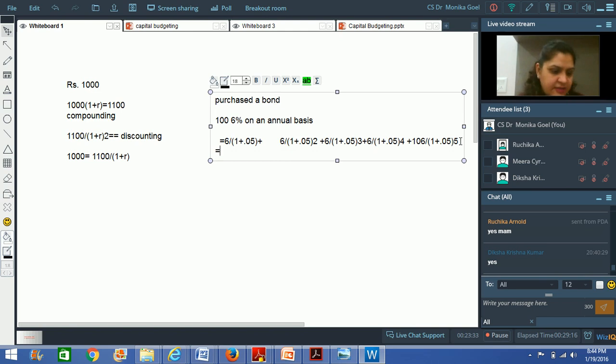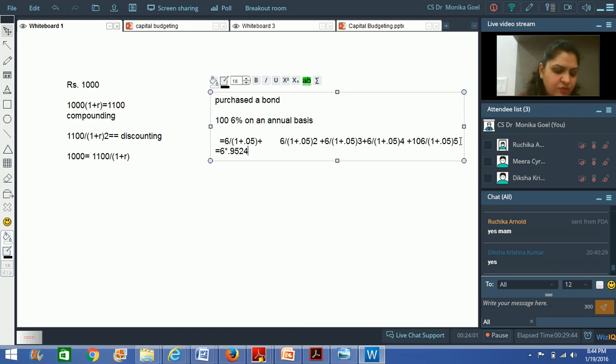So my bond's value is going to be equal to, I'll just use my calculator, 6 multiplied by 0.9524, right? Because the present value of 1 rupee at 5% discounting rate is equals to 0.9524.